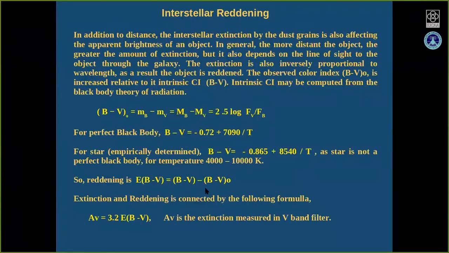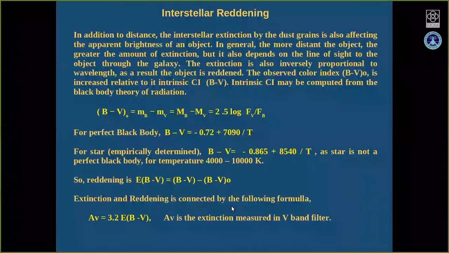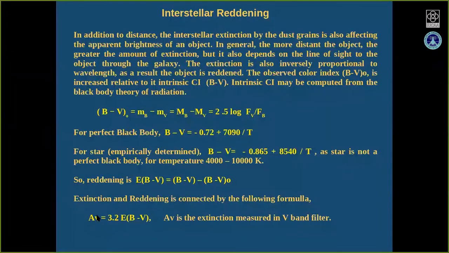So now you see, it is very interesting. From this reddening, you can find out the value of interstellar extinction. How? The interstellar extinction and reddening are connected by the following formula. AV, your interstellar extinction, is equal to 3.2 times the reddening E(B minus V). What is AV?